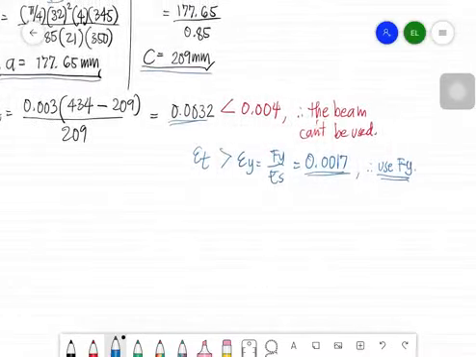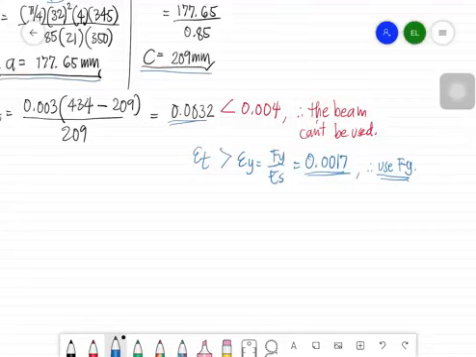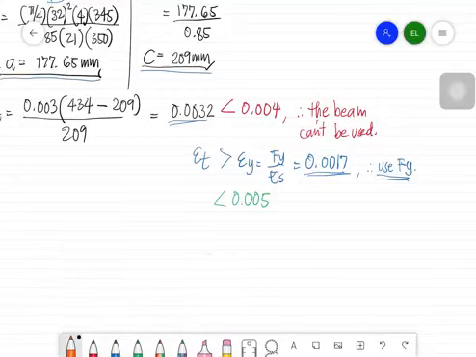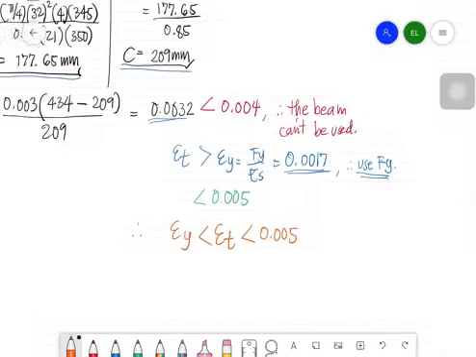Then now, it is obvious that this is greater than 0.005? No, so we may conclude here. Strain T is greater than strain Y but less than 0.005.